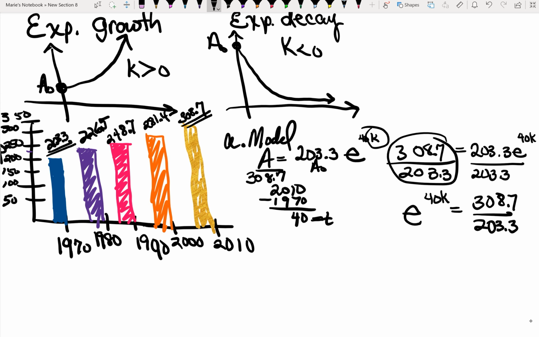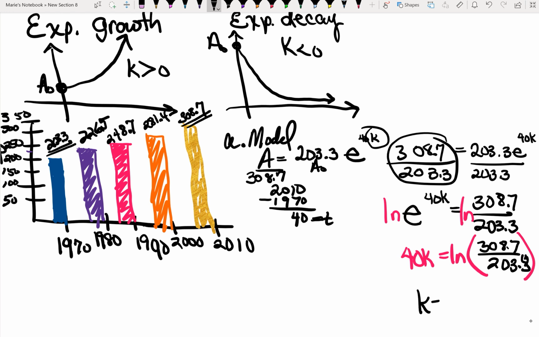Now, remember when I stated that you could simply just put natural log on both sides? In doing so, what you end up with is 40k on this side is equal to the natural log of 308.7 divided by 203.3. And so the only thing we'd have to do to find k now is to divide by 40.